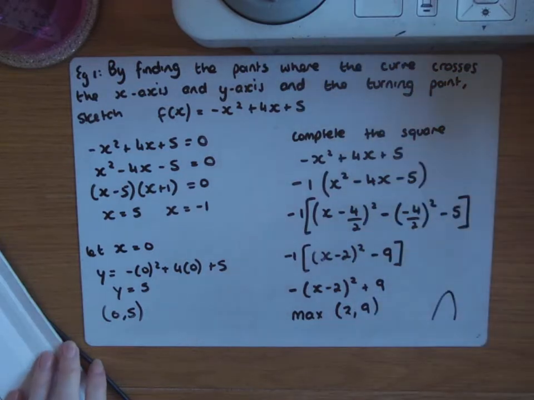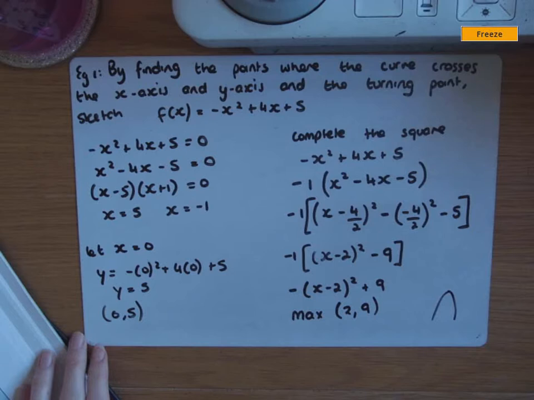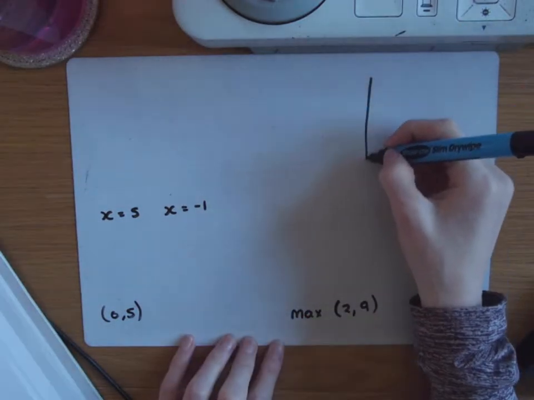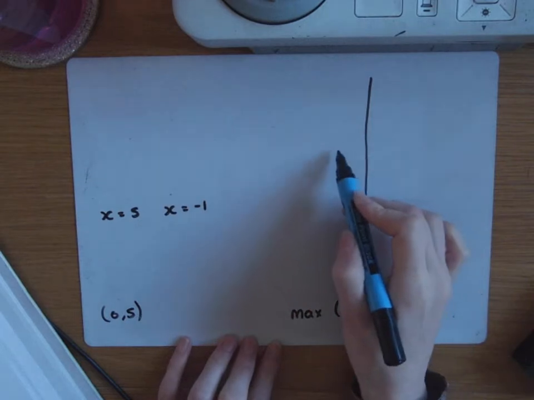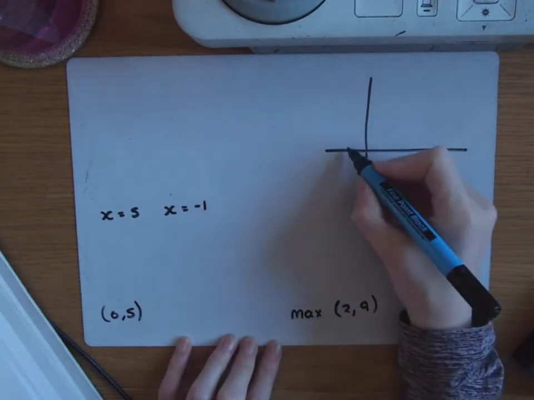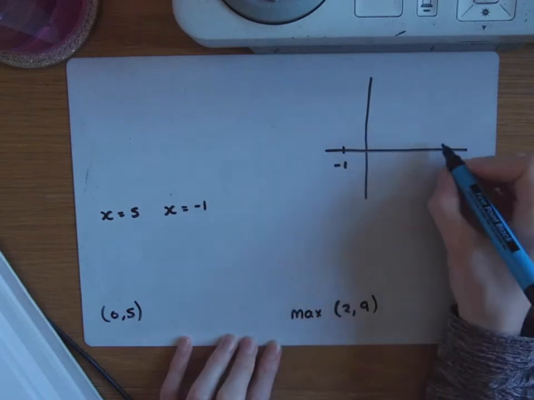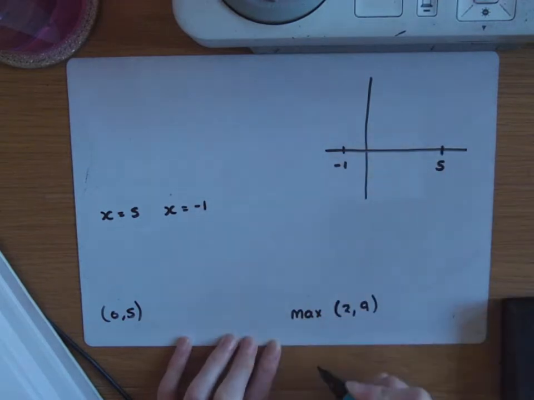So you just keep those in mind. I'm just going to freeze it here for a second. Just underneath that, you're going to draw your picture. I know it crosses the x-axis here at -1 and at 5.